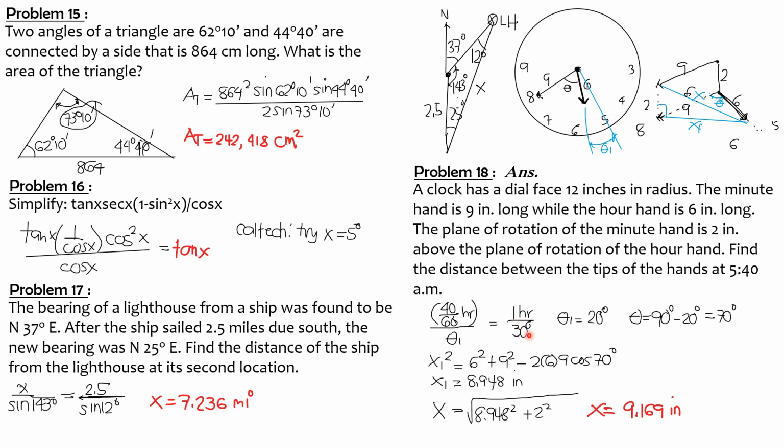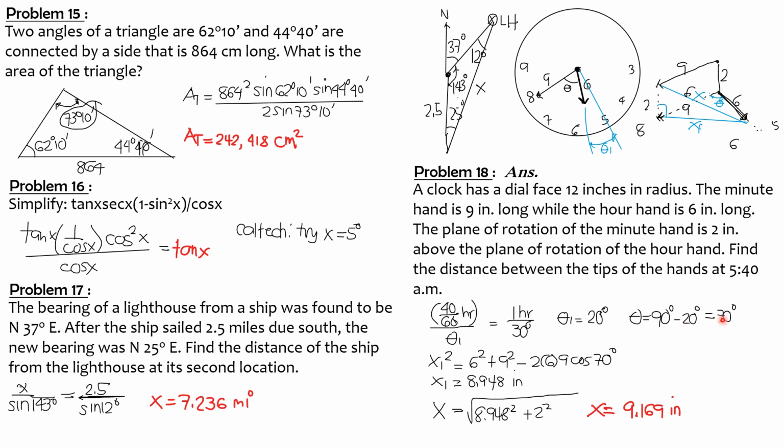So 1 hour corresponds to 30 degrees, and theta 1 is 20 degrees. The angular spacing from 5 to 8 is 90 degrees, so this angle theta is 90 degrees minus theta 1, which is 70 degrees.